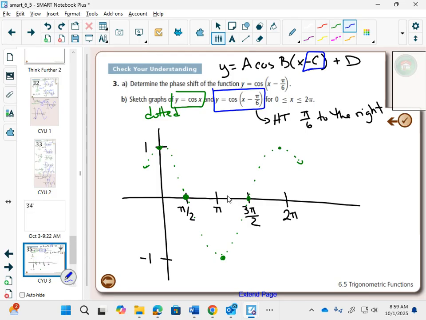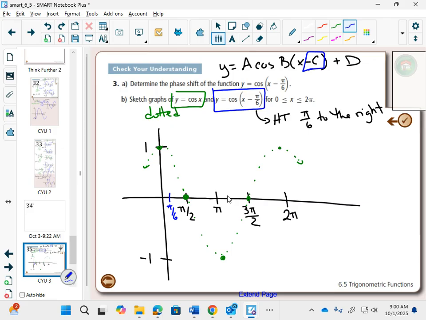Can you see that pi over 6 is a third of pi over 2? Just like 30 degrees is a third of 90 degrees. So when I want to label pi over 6, I think of this pi over 2 being split up into thirds. And that would be pi over 6 to the right.